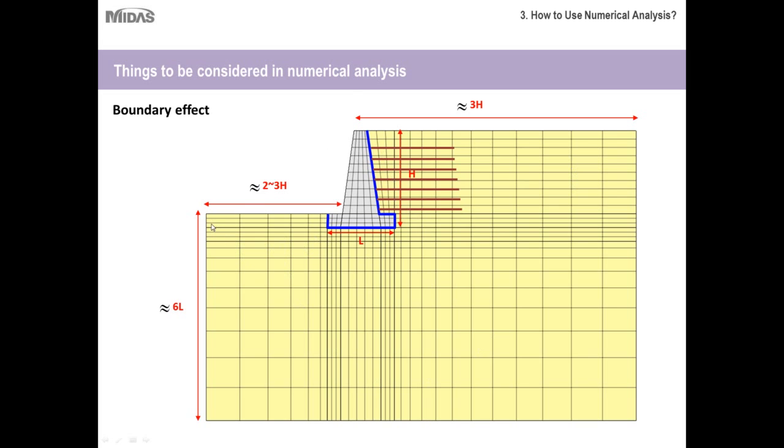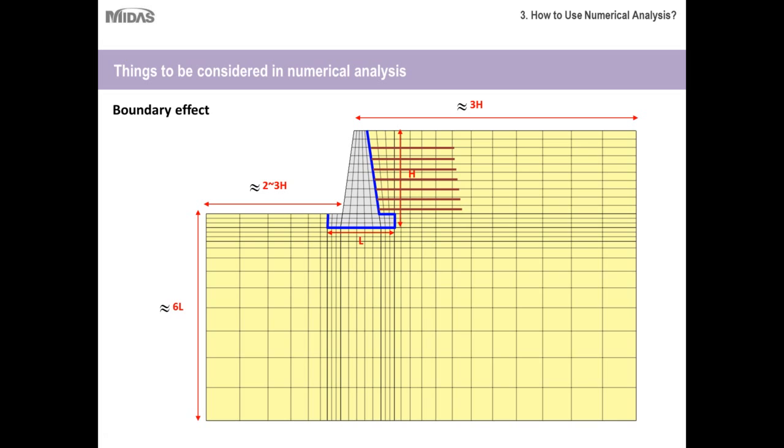When you look at the results, if the stresses are not zero at these ends but have some significant value, which you can see through contour plots, you would have to take a bigger boundary until you reach a point where you don't have any more stresses at the outermost boundaries of the soil strata.